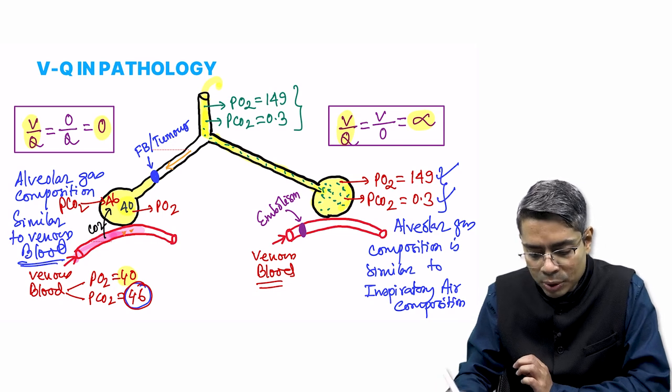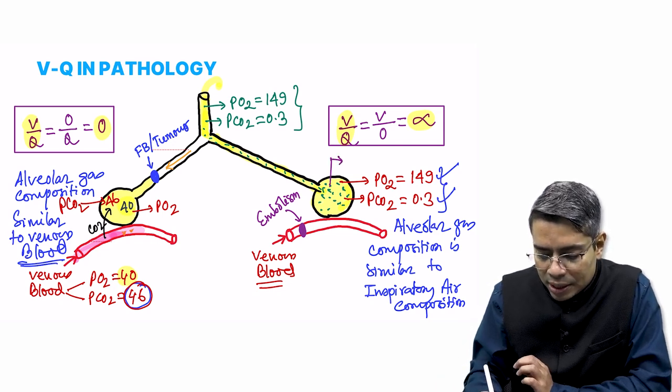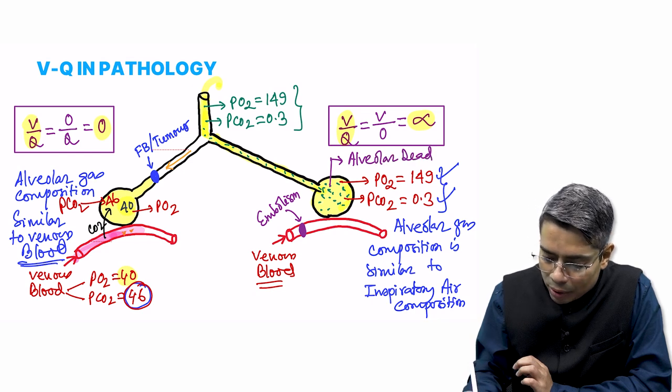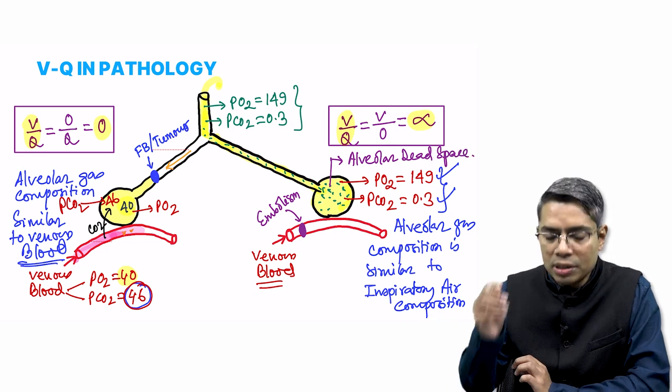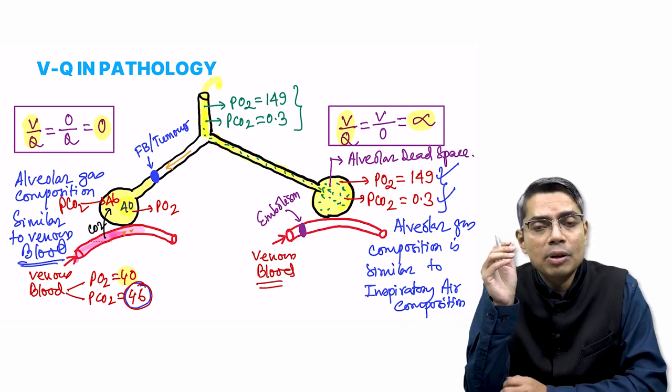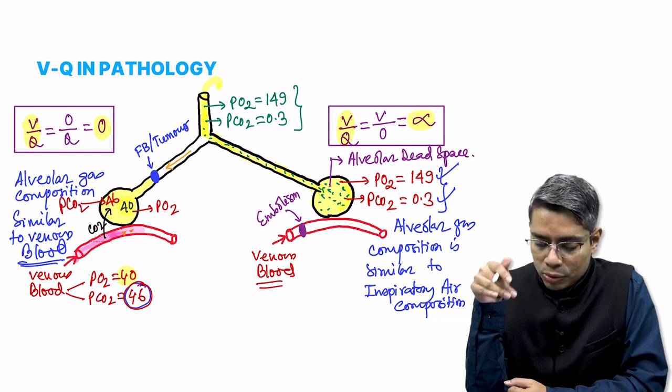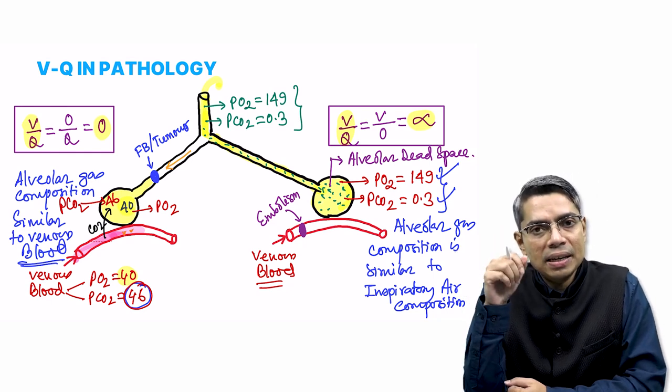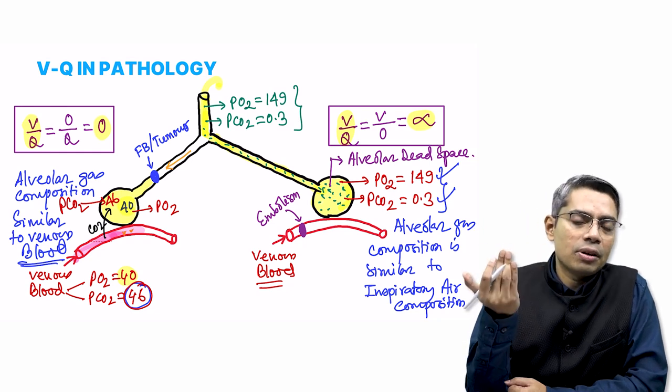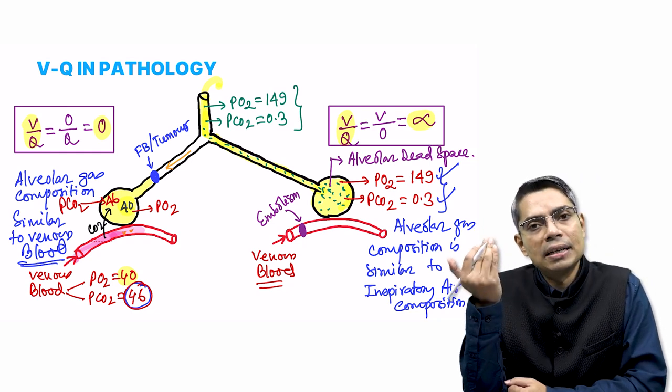So what will be the name of this air? This air is typically known as the alveolar dead space. And we have already discussed that in case of embolism and emphysema, alveolar dead space is positive. So this is one scenario where atmospheric air is entering the alveoli, but it is not taking part in exchange. So this is alveolar dead space.